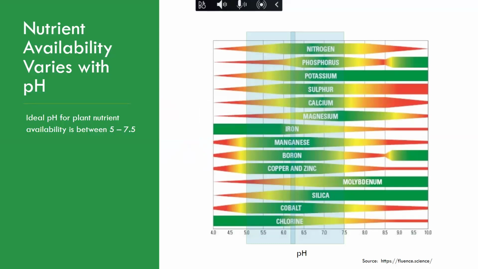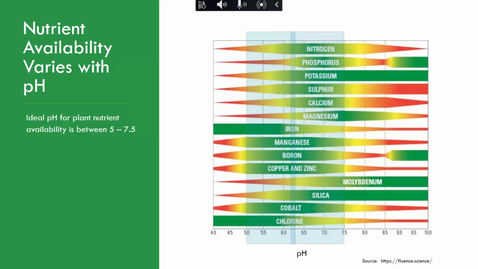nutrient availability varies with pH, right? And so here you can see, starting with nitrogen, phosphorus, potassium, which are our three, NPK, right? And then our other important nutrients, calcium, sulfur, magnesium. These are actually in order of the amount of nutrients that is important for the plant to have.